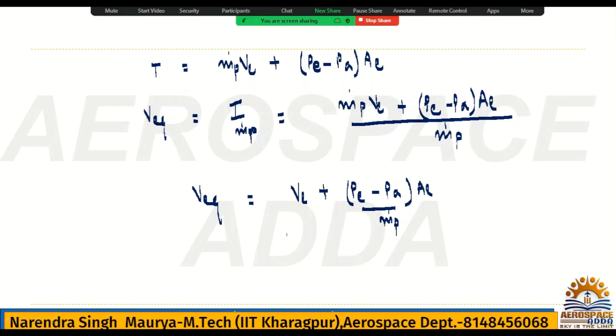So the equivalent or effective exhaust velocity is the one that would produce equivalent thrust due to both the momentum and pressure components of thrust. This is the effective exhaust velocity. If it is asked, you need to answer it.